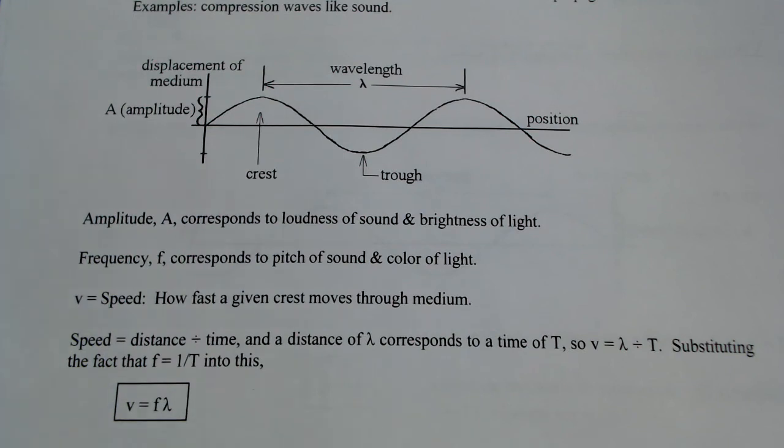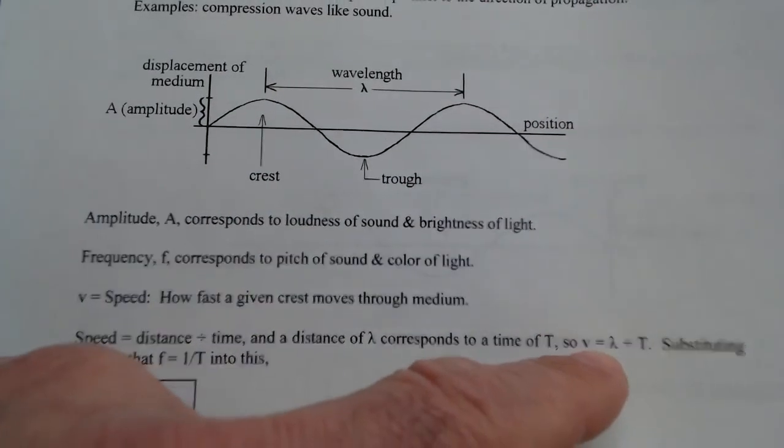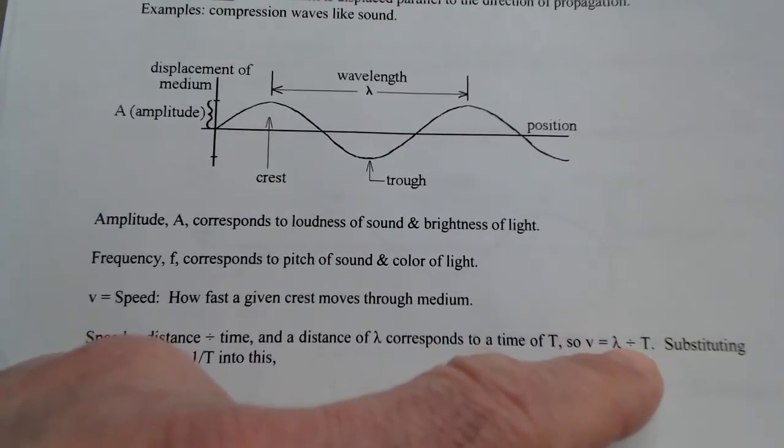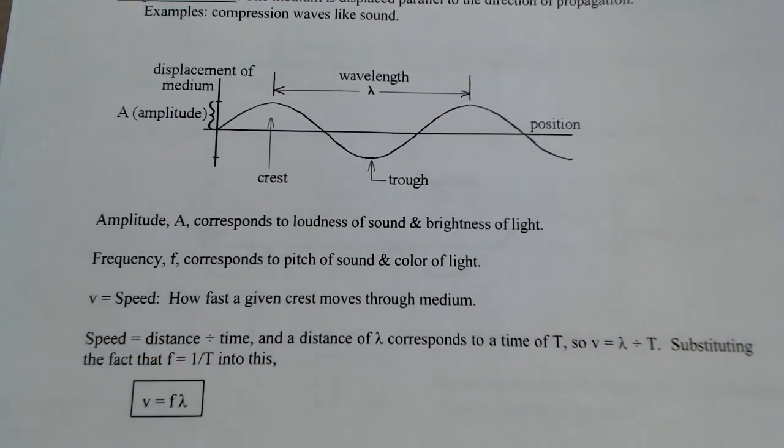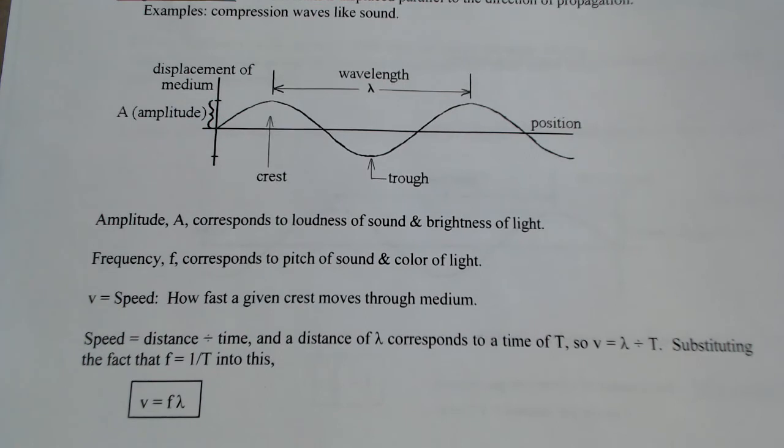Meters divided by seconds gives you meters per second, or miles divided by hours gives you miles per hour. Well, in a time of 1 period, a wave will move over a distance of 1 wavelength. And so if you fill that into speed equals distance divided by time, the speed of the wave equals the wavelength divided by the period, which is a perfectly good equation.